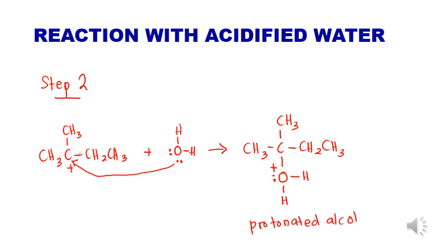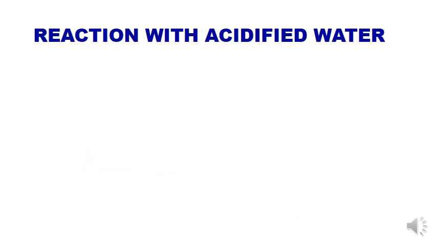This protonated alcohol is relatively unstable, since we can see the oxygen atom, which is an electronegative atom, having a positive charge. So to make the oxygen more stable, we have to proceed to the next step. The next step is step 3, the deprotonation of this protonated alcohol.